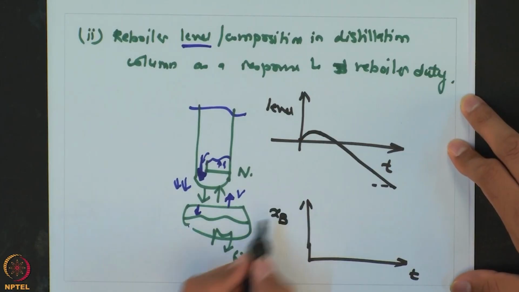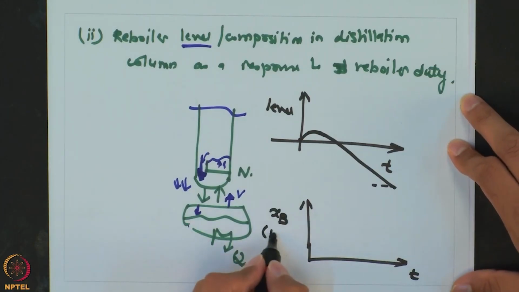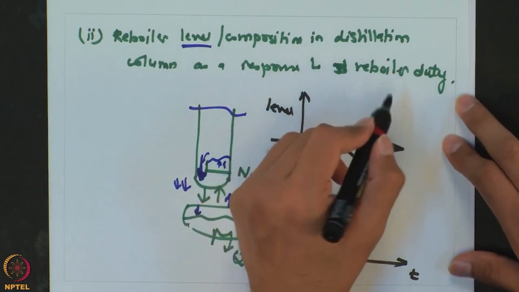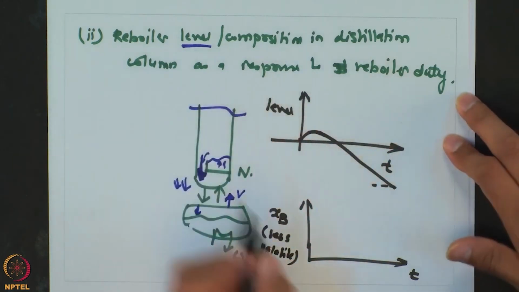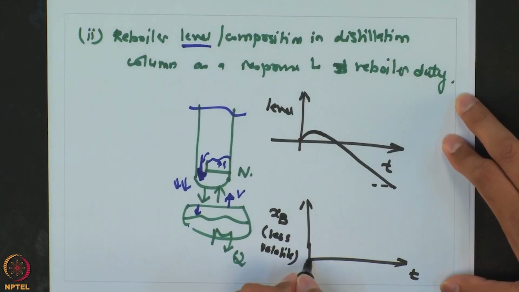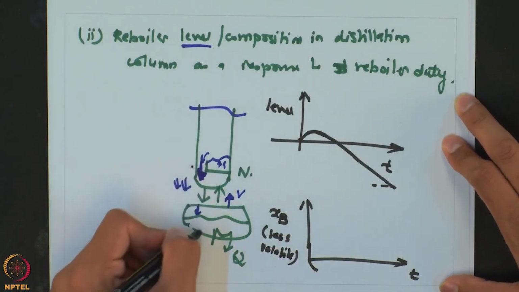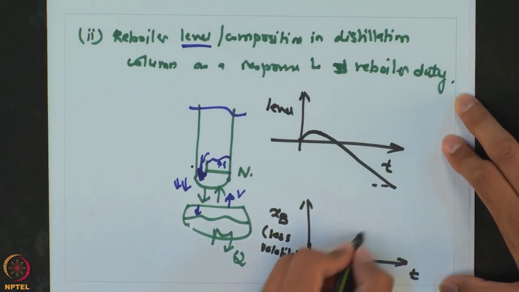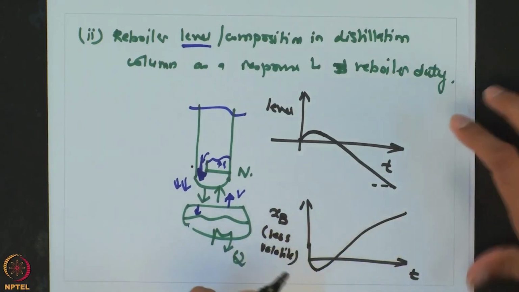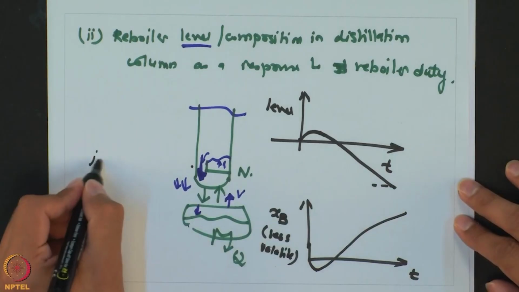If you look at the composition of less volatile, as you increase the reboiler duty you want it to be purer, but what you see is initially the purity goes down, that is because of the mixing of this low quality liquid into the reboiler, and then eventually it goes to a higher value. So, in both these cases you get inverse response.